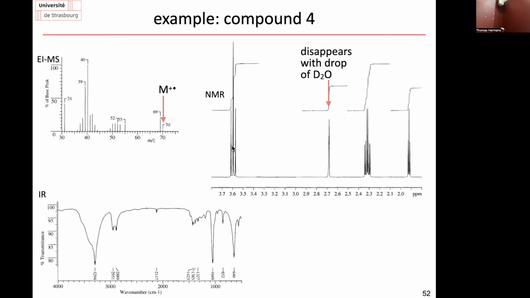Let's look at the integrals. So what do you see? These are the integrals, right? And the height of this thing is proportional to the value. So if this is OH, that means that integral is 1. Okay, so that's 1 proton, 1 times H. The last one also, right?